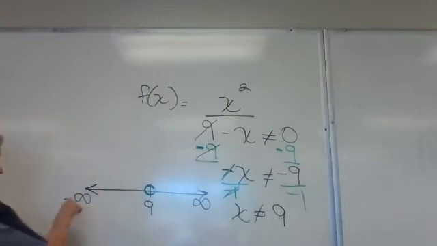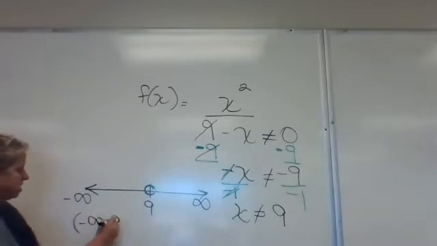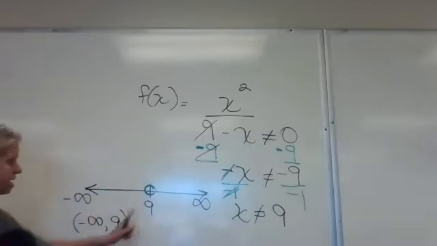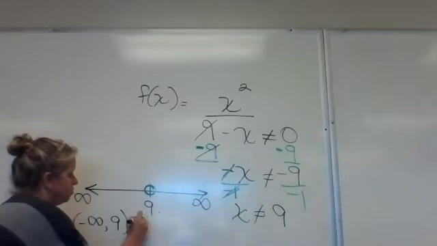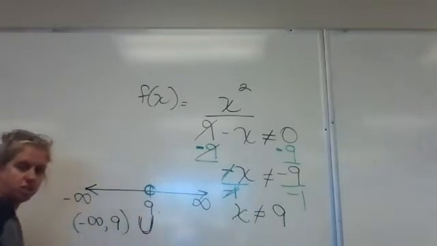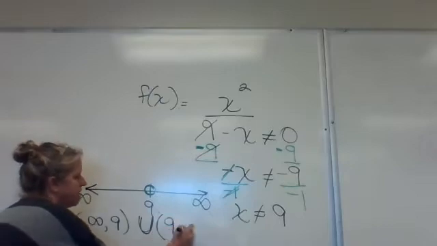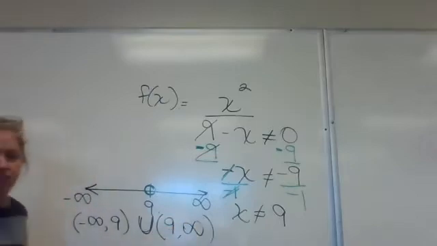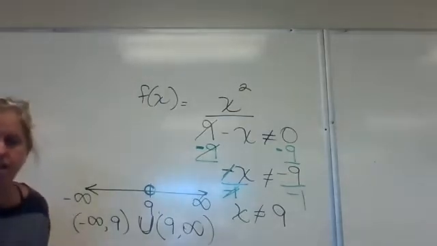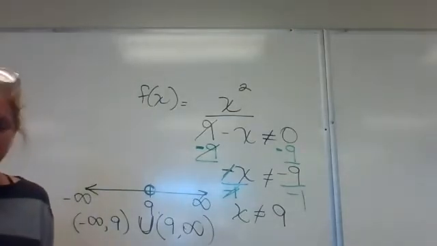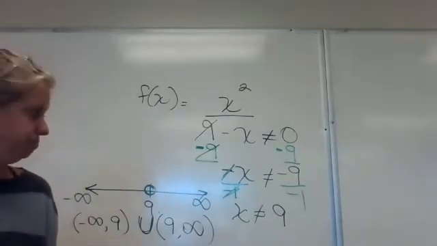So this interval is negative infinity to 9. And then the numbers above 9 would be, you'll use that little u that's down in the toolbox in Math Lab, in union with 9 to infinity. So that would be the domain of that function. All the numbers but 9.